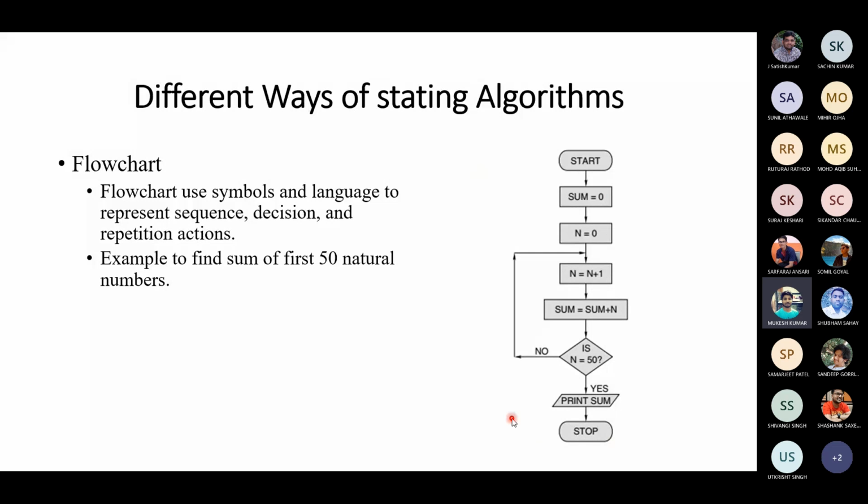Perhaps some of you would have designed a flowchart when trying to find a solution: how the data is flowing, what conditions and decisions we need to make, how the loop is running. Everything we can define in terms of a flowchart also. This is also one way of stating my algorithm. Right? Does it make sense?